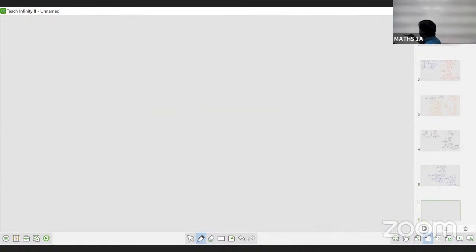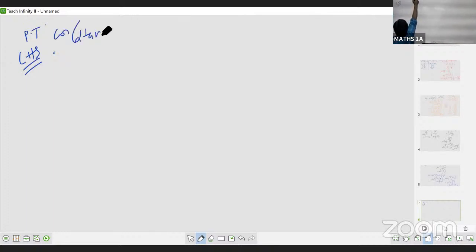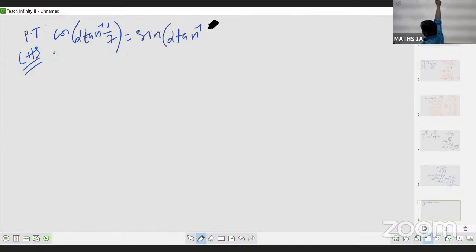See here, let us do that: cos of 2 tan inverse 1 by 7 is equal to sine of 2 tan inverse 3 by 4. You have to show that these two are equal.